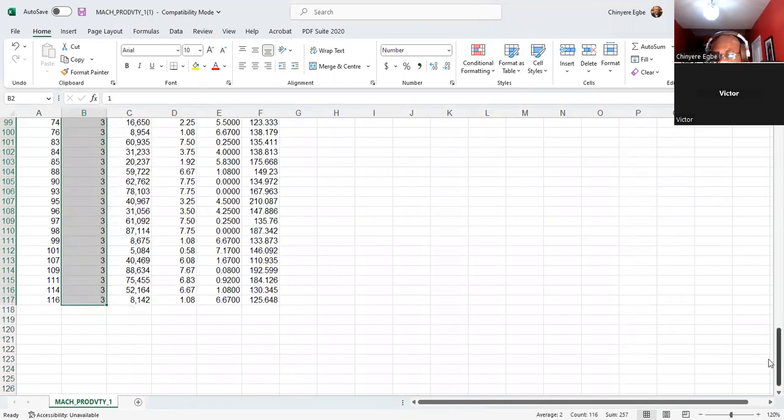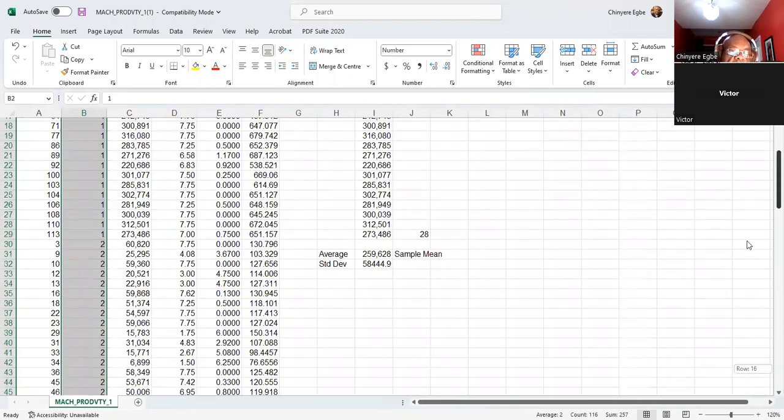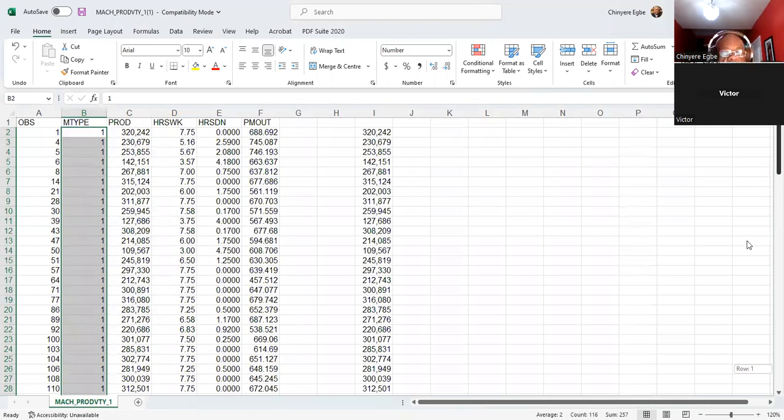So once you calculate the output per minute, you get the average output per minute, which is the sample mean, and then the standard deviation of the output per minute, which is S, and then you proceed with your hypothesis test.